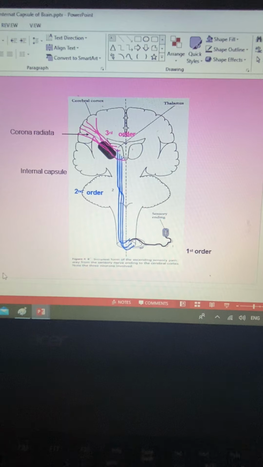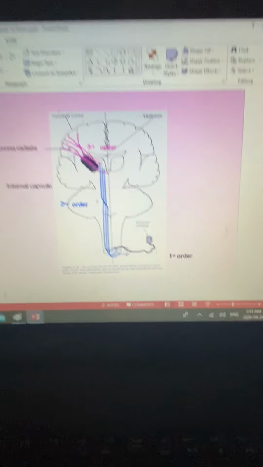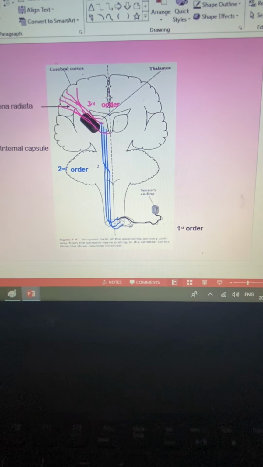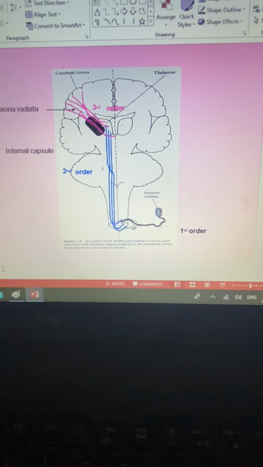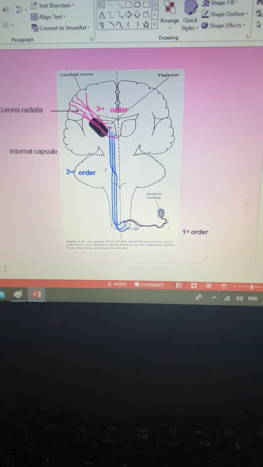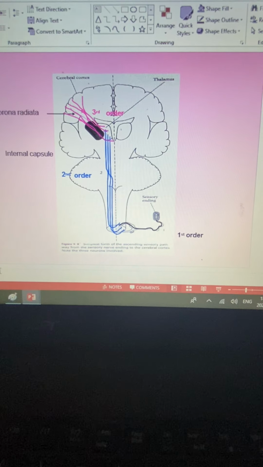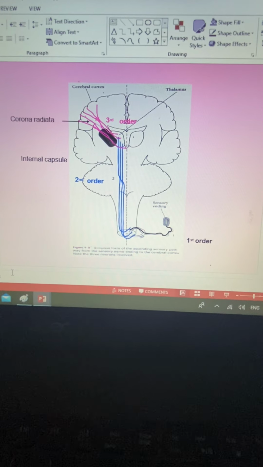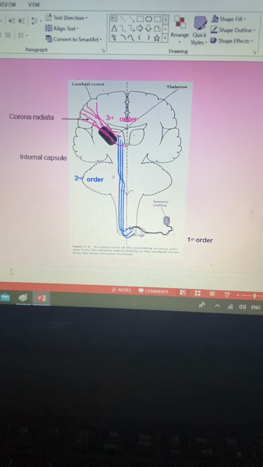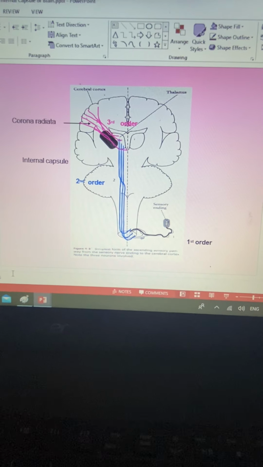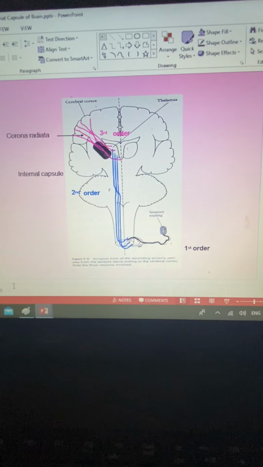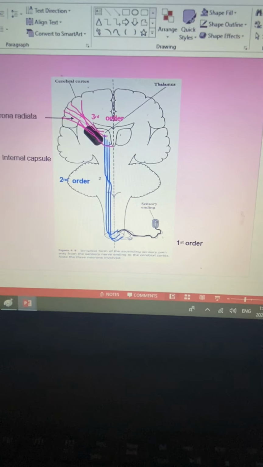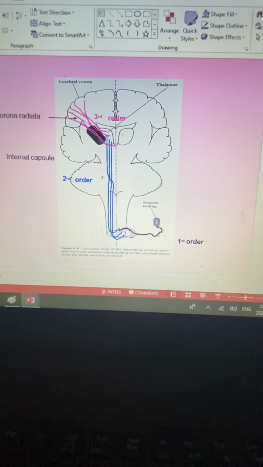So this figure is just to show you how the bundles of nerve fibers are traveling. They are passing from the crus cerebri. They are entering into the internal capsule. Right? This black pipe or tunnel is your internal capsule, and these purple expanding, spreading out or fanning out fibers are the corona radiata. What does the internal capsule do? It is just holding the fibers in a very sophisticated and arranged manner.